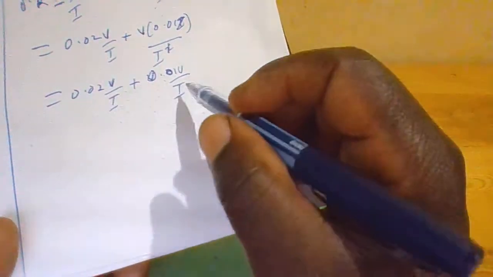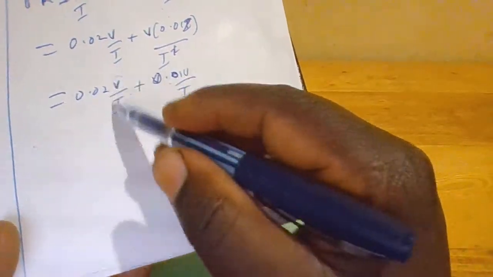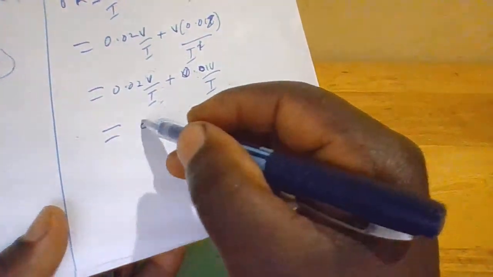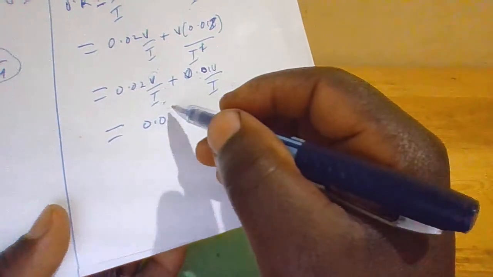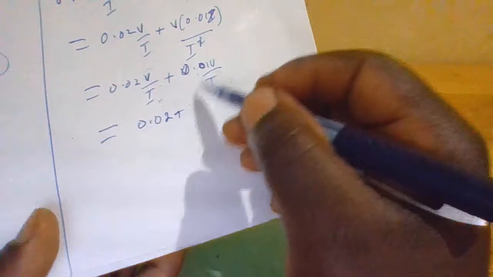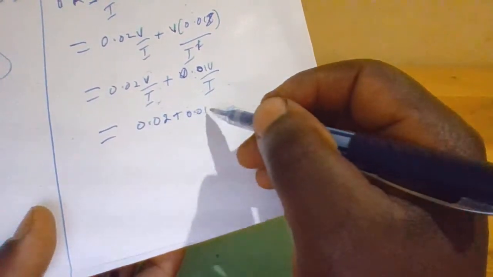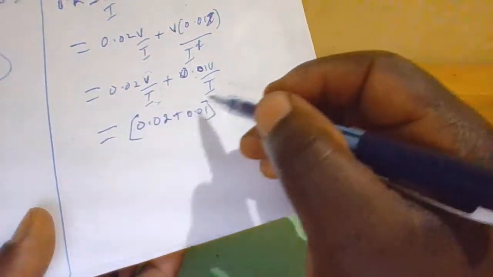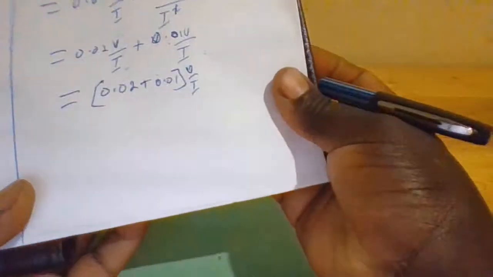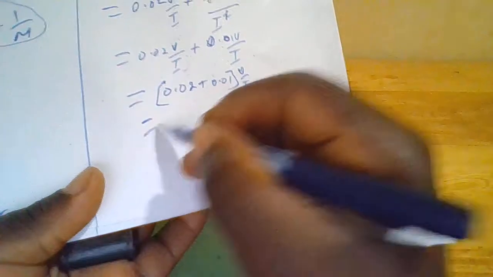V is common, so we can factorize it out: this equals 0.02 plus 0.01, V over current.